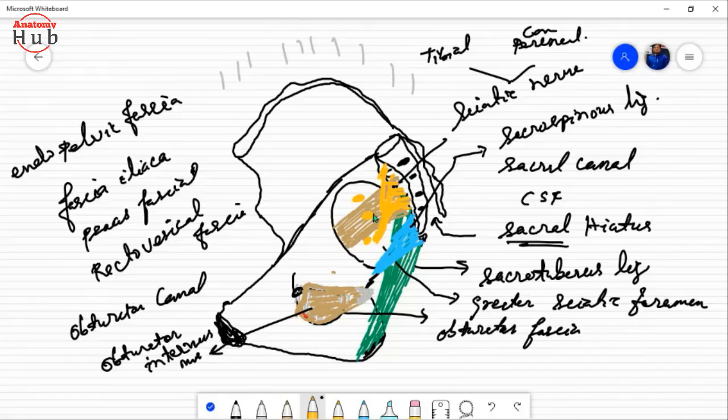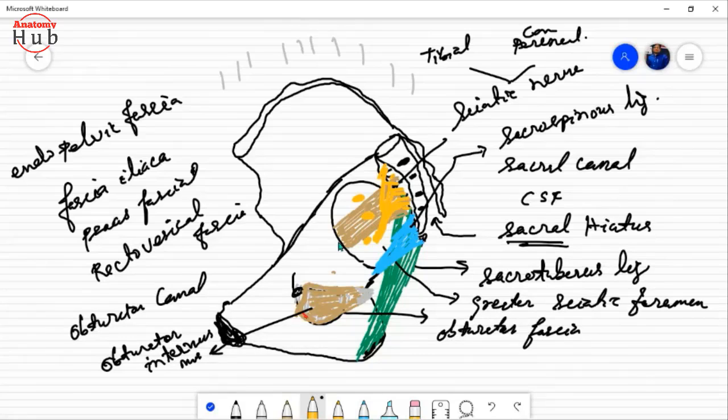At that time, a small band of this piriformis may also compress the sciatic nerve. Then pain, numbness, paresthesia, you will find radiating pain in the patient, and the patient complains of pain during actions like lateral rotation or medial rotation of the thigh. You'll find that pain aggravates there.